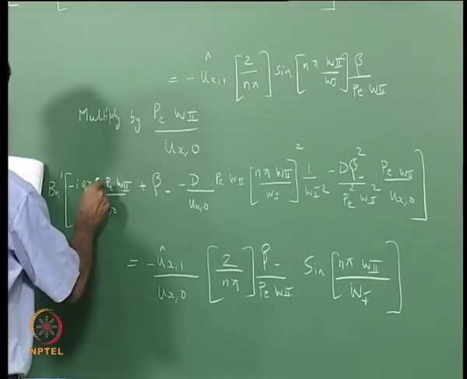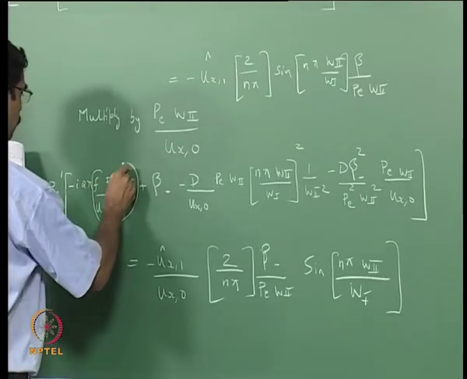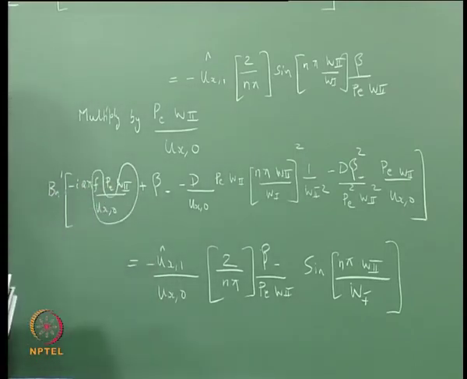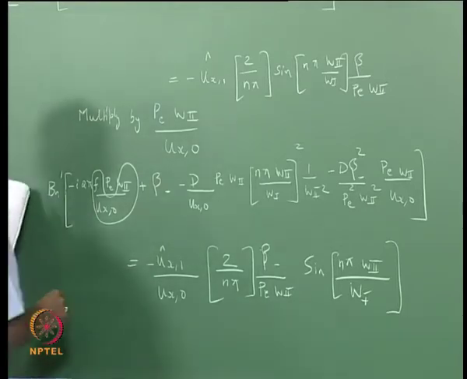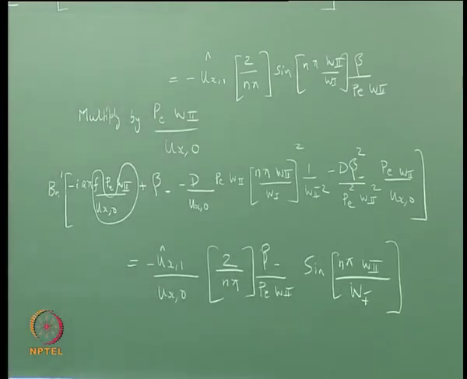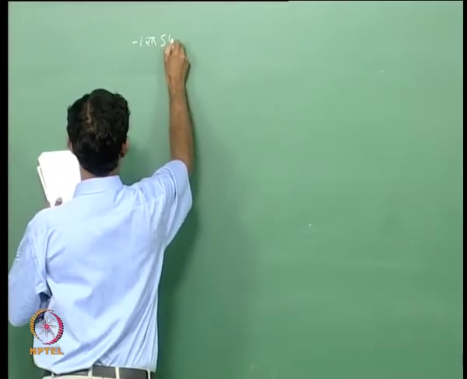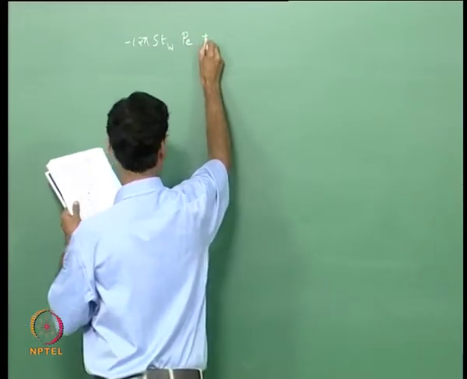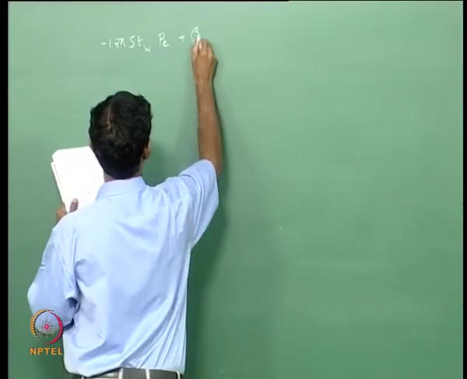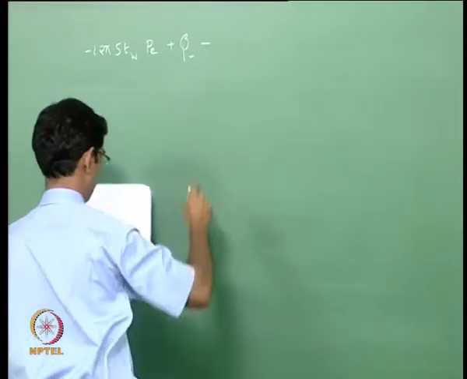So if you club this term, what is this? Strouhal number, yeah, exactly. Okay, next term is just beta minus.